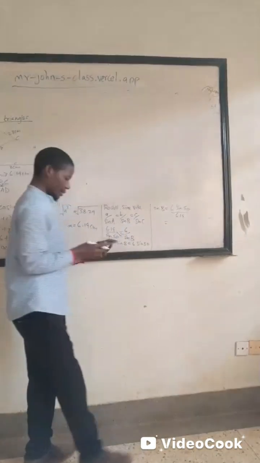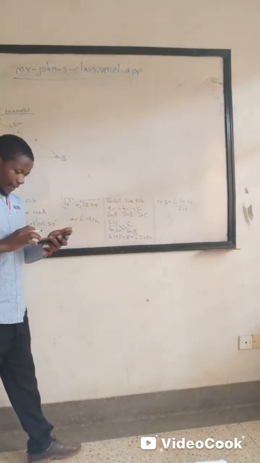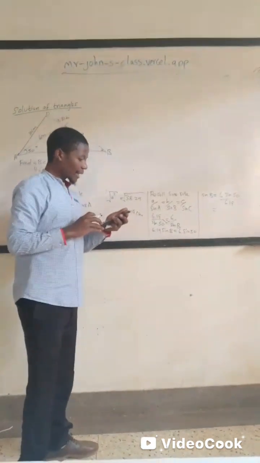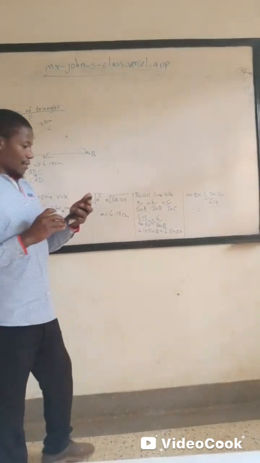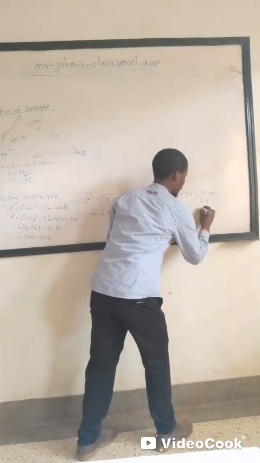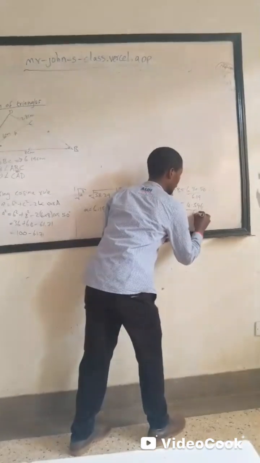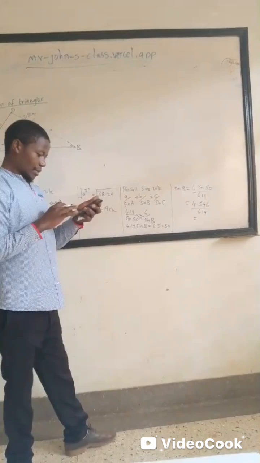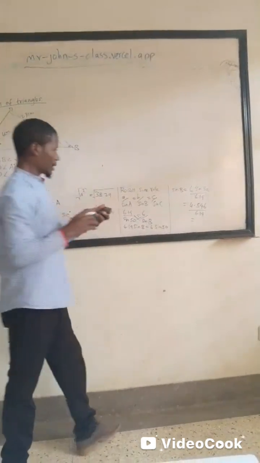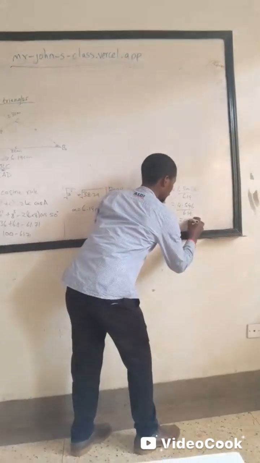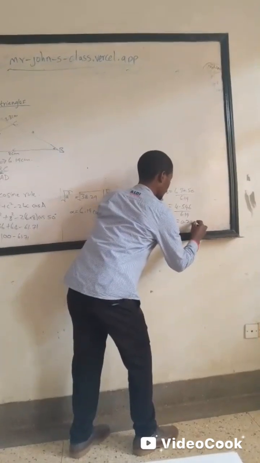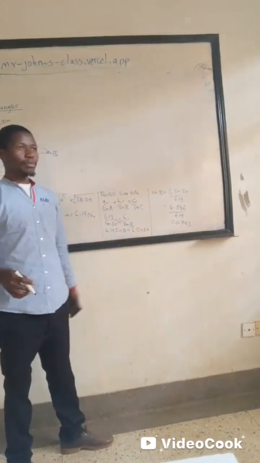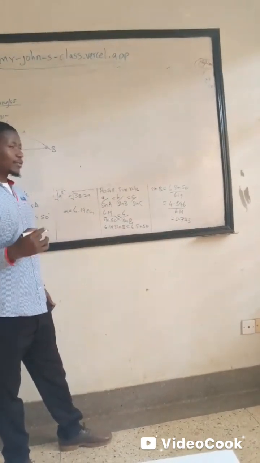We get the value of 6 sine 50, that gives me 4.596, divided by 6.19, giving 0.743. So sine B is equivalent to 0.743.